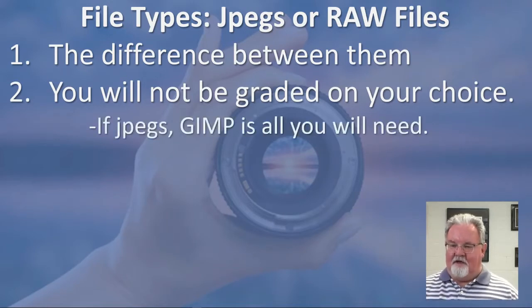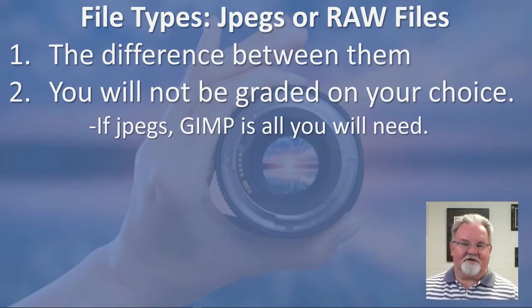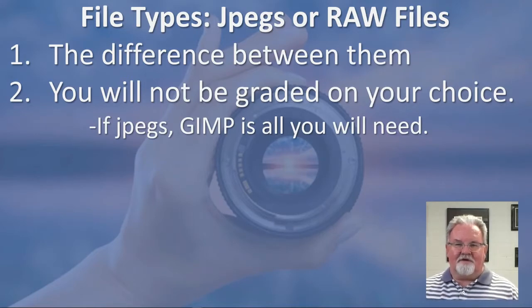So if you're going to continue to use JPEGs for the rest of this class, then by now you've downloaded GIMP, or you were supposed to have, and that's all you're going to need. To work with JPEGs, all you'll need is to download GIMP, and you've probably already done it, and you get everything you need. And so for the next few minutes, you can kind of tune these next couple things out.